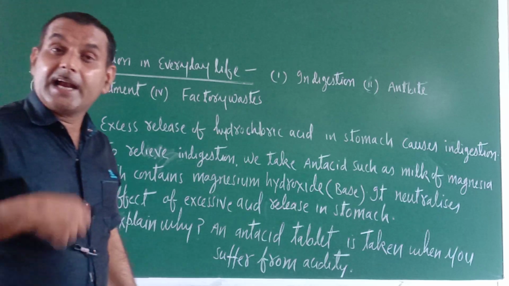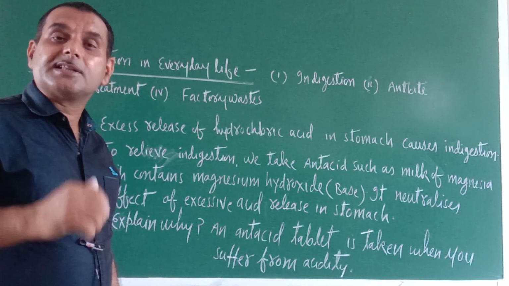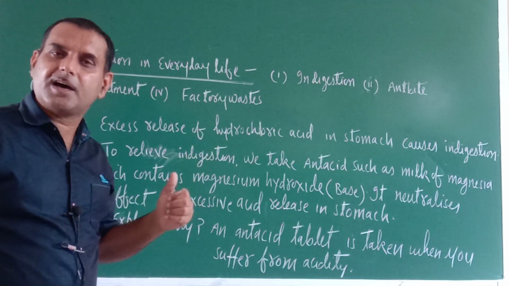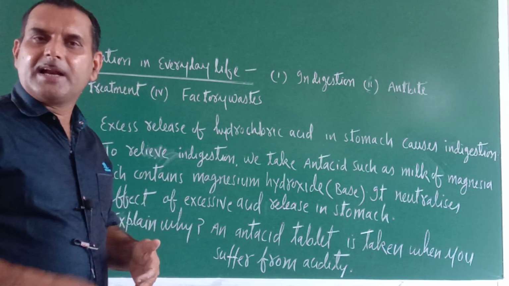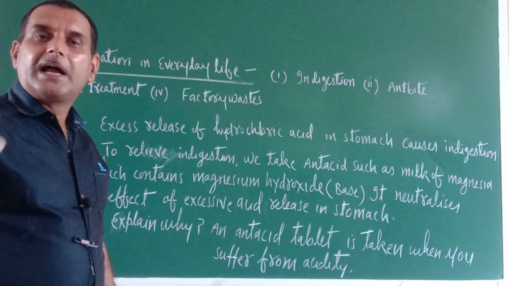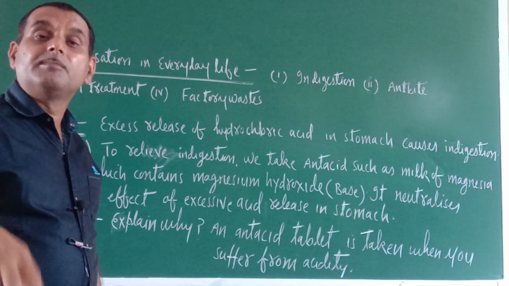We are taking antacid tablets. Antacids contain bases like magnesium hydroxide, milk of magnesia, you might have heard. Those antacid tablets go to our stomach, and whatever excessive acid is released, they react with it and neutralize it.